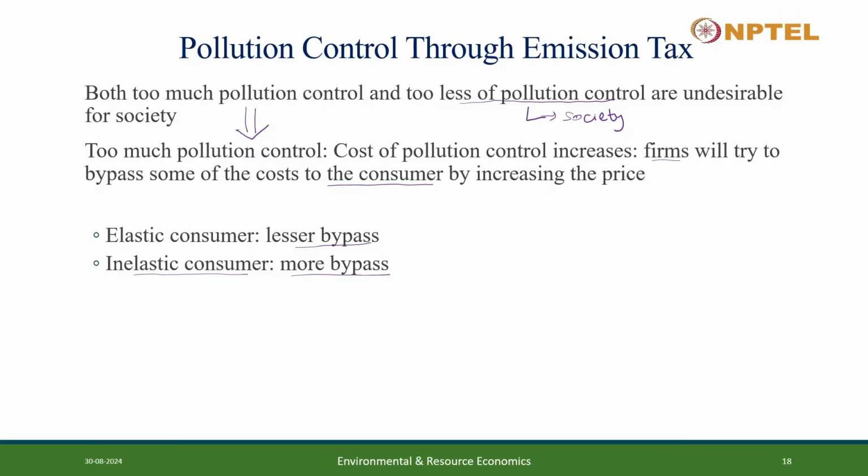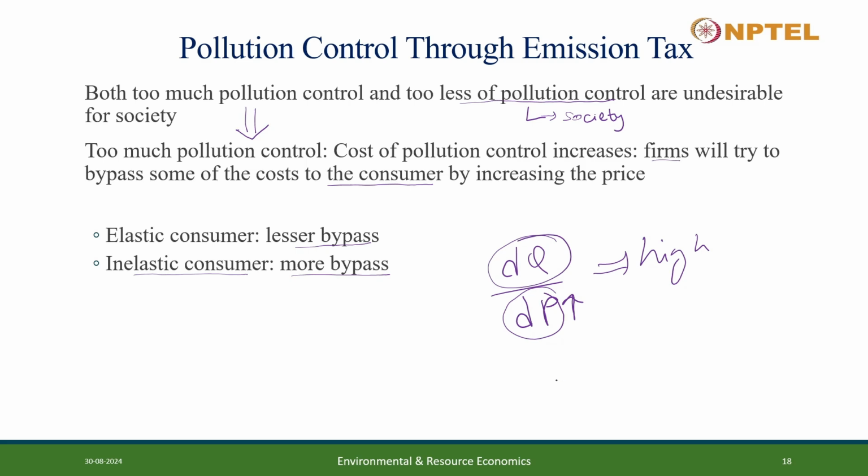So elasticity is measured by dq by dp. When price increases, what will be the change in quantity? When dq by dp is high, it means that with a smaller change in price, the change in quantity will be higher.